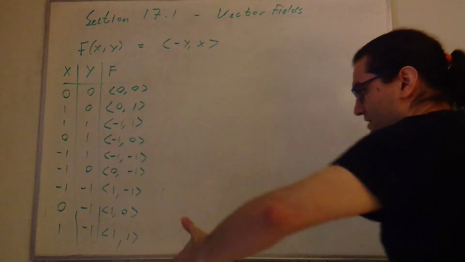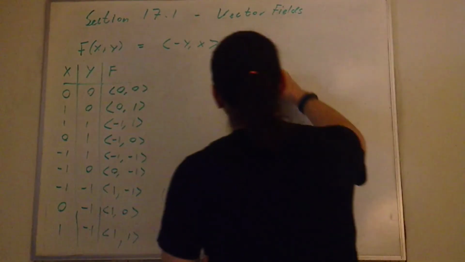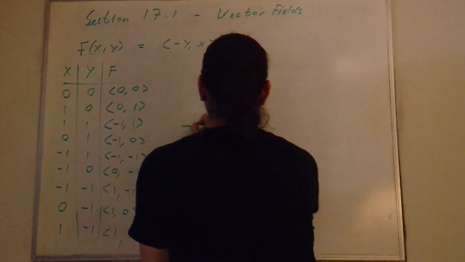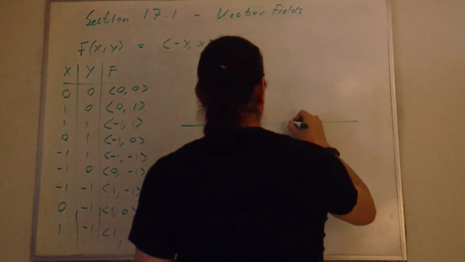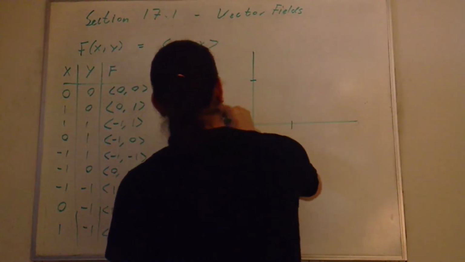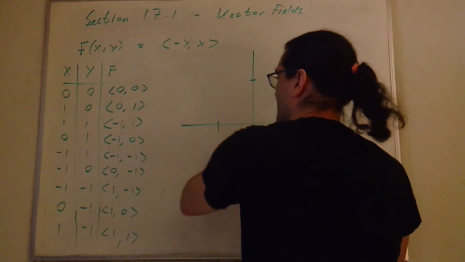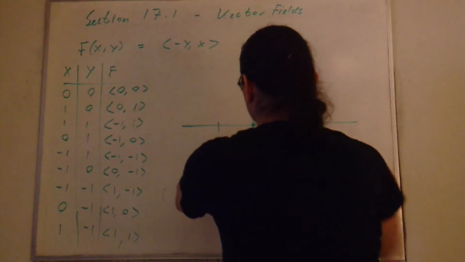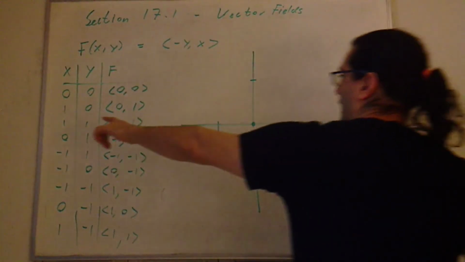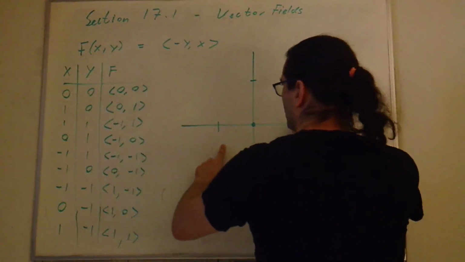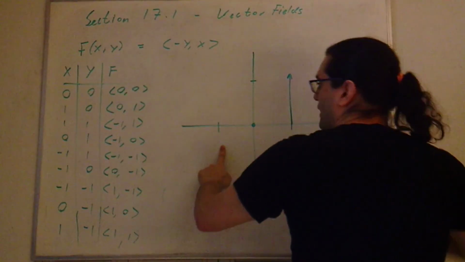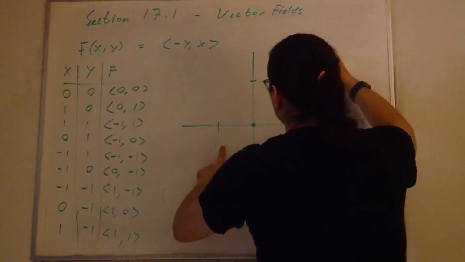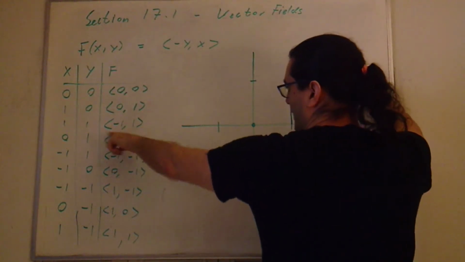So let's see what this looks like so far. At 0, 0, I have no vector. At 1, 0, that's this point, my vector is pointing straight up 1 unit. At 1, 1, this vector is pointing left and up.